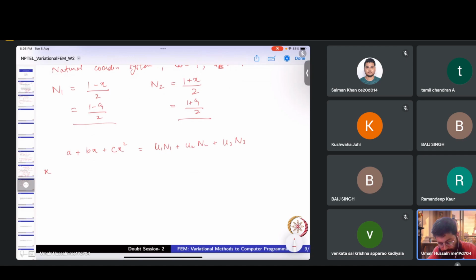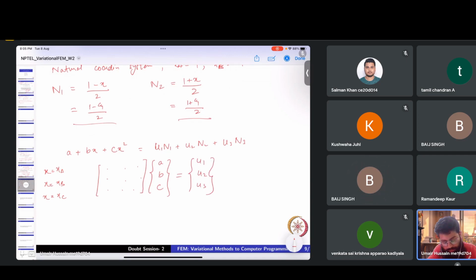You'll have three coordinates: x equals xa, x equals xb, x equals xc. You'll get three equations, which give some 3 by 3 matrix times a, b, c, equal to u1, u2, u3.